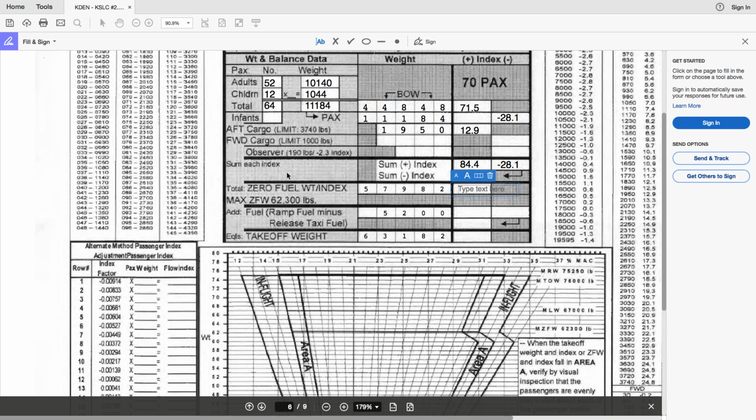You said 28? Yeah, 84.4 minus 28.1, 56.3. Okay. And our fuel, let's say 2.6. Everybody get that? Minus 2.6.